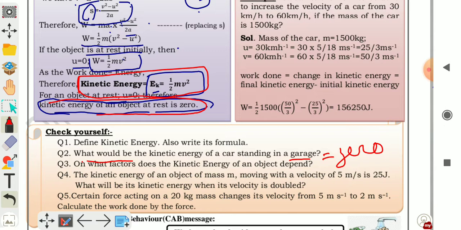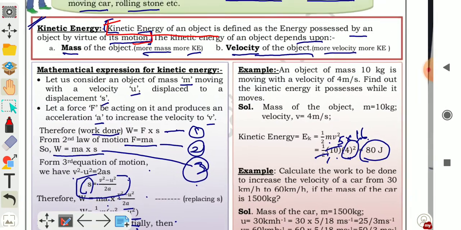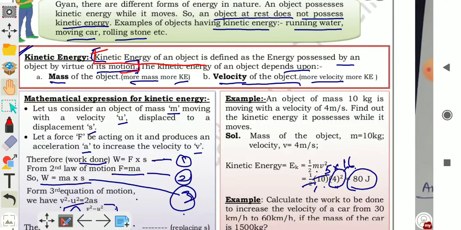Question number 3: on what factors does the kinetic energy of an object depend? There are two factors. What are they? These are mass as well as velocity. Kinetic energy of an object depends upon mass and velocity of the object.